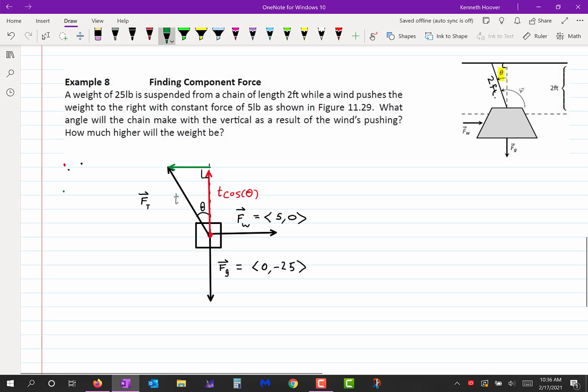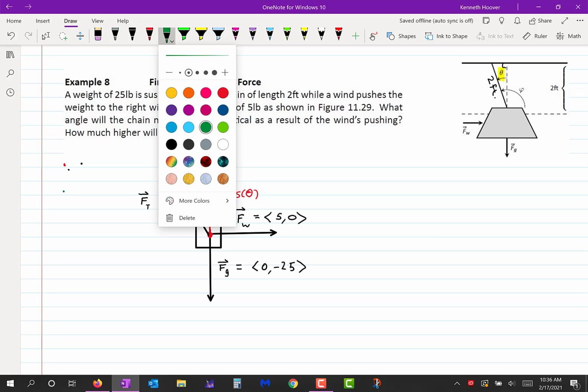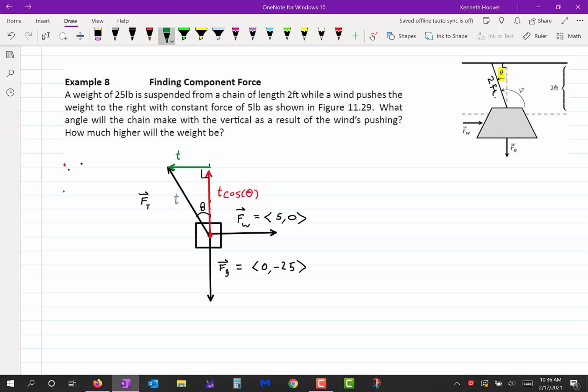And the length of the green vector will be T times sine theta. That's just using trigonometry. So the black vector equals T cosine theta, comma, T sine theta. Does that make sense?